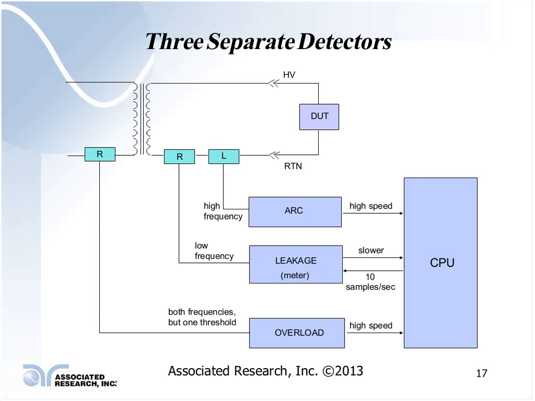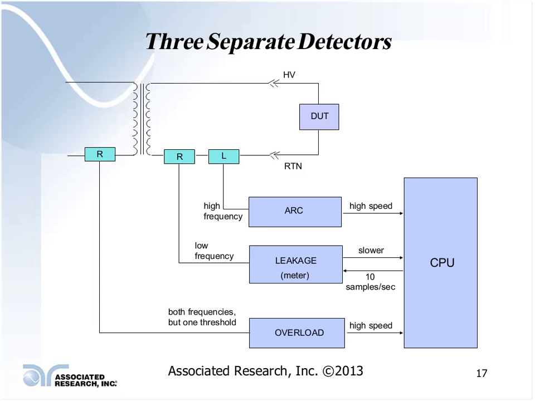The arc detector only responds to high frequency noise. The leakage detector is the adjustable detector that you can set for your trip point. And then we have an overload detector that basically is set at the maximum current capacity of your instrument itself.